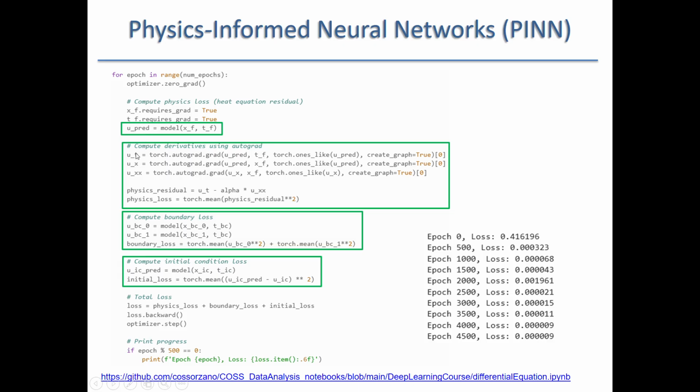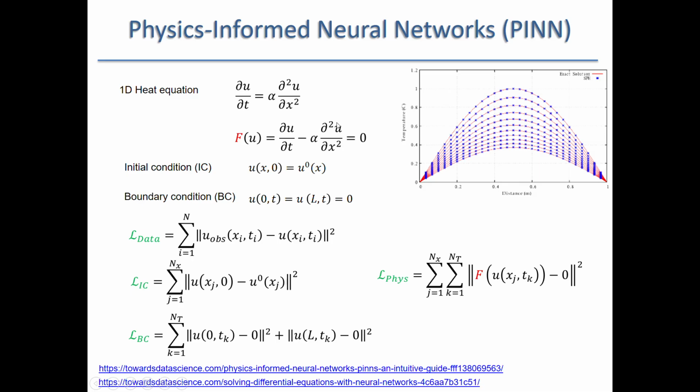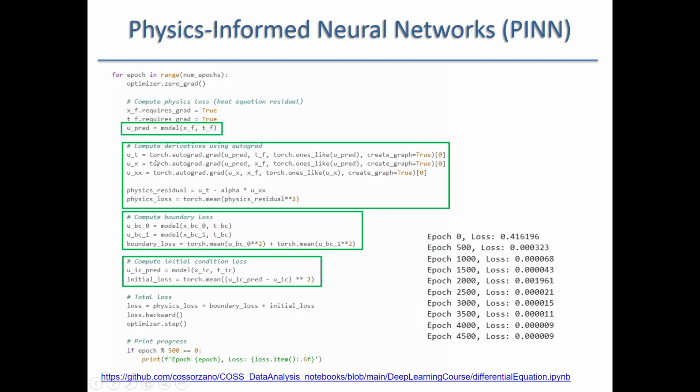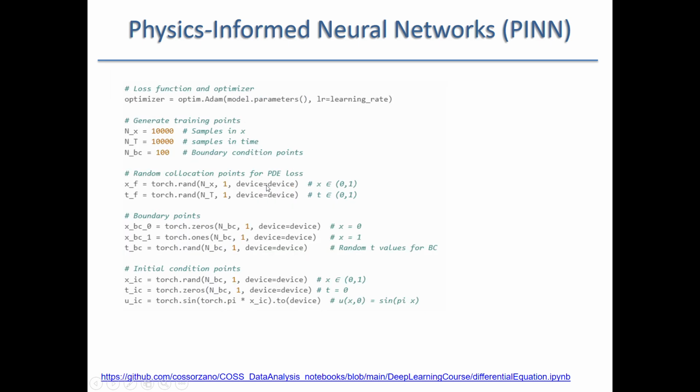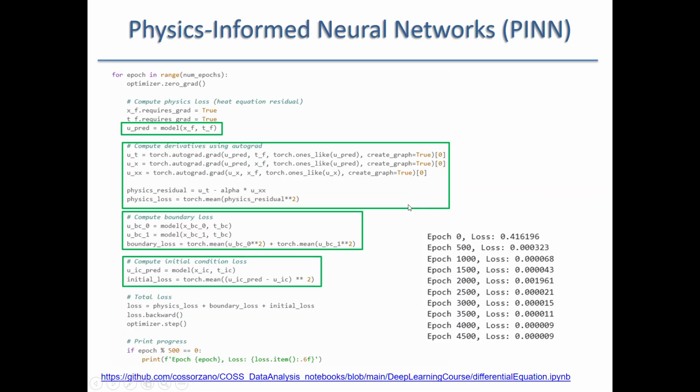This is just to compute this physical function that we have here. So we can compute the derivative with respect to time, the derivative with respect to x, the second derivative, and then we can construct the function f. And what we want is that this physical residual, which is just the term here, is as small as possible.